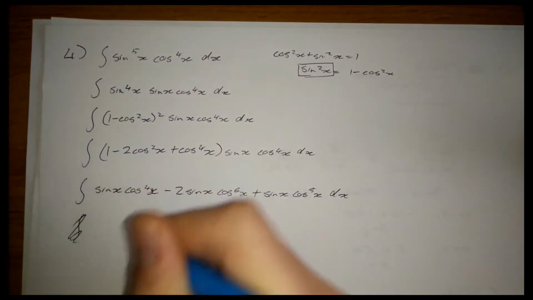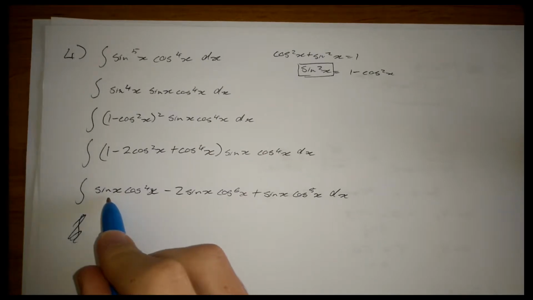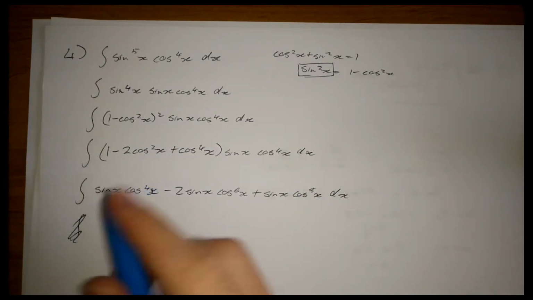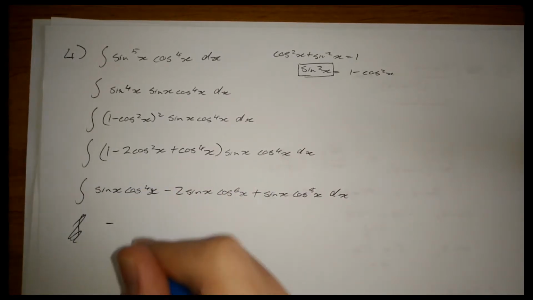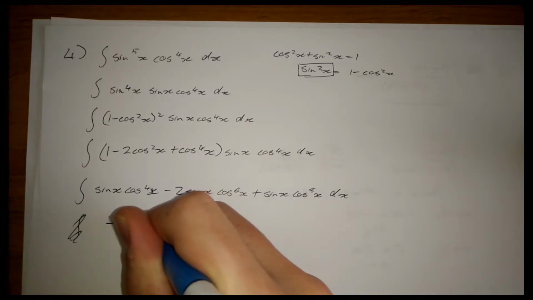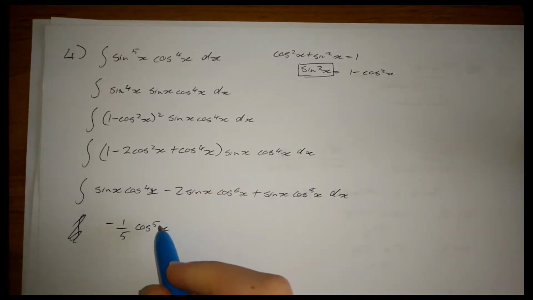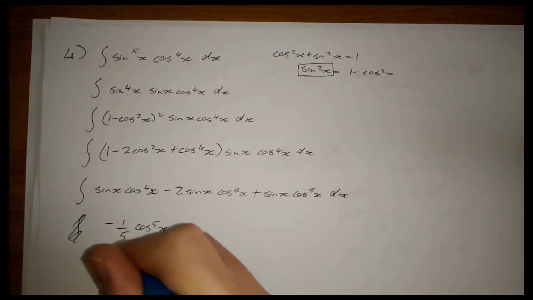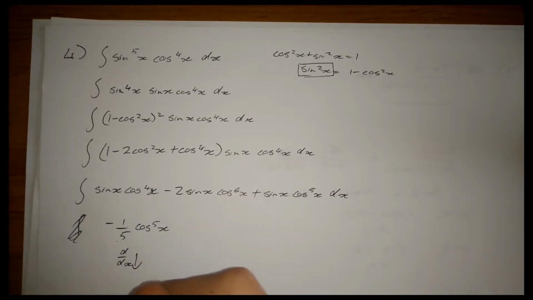And then that evaluates to, well, the integration of sine x. The derivative of cos x is negative sine x, so we need to get a negative factor in front of all of these. So negative 1 on 5 cos 5x. If we differentiate that, the 5 would come out to the front using the chain rule, decrease the power by 1, times it by the derivative of cos x.